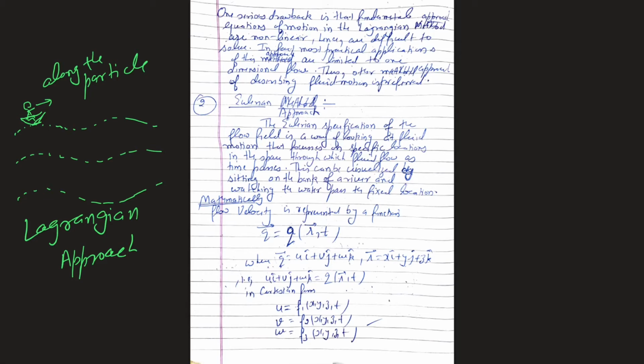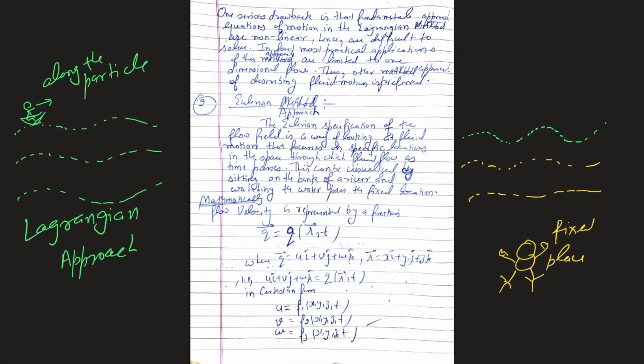While in this case, the motion is being done and here the observer is standing at a fixed place with a camera in his hand, watching the motion.